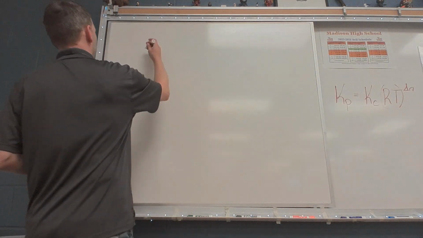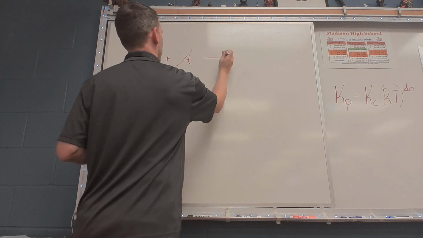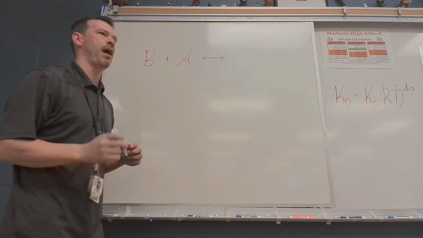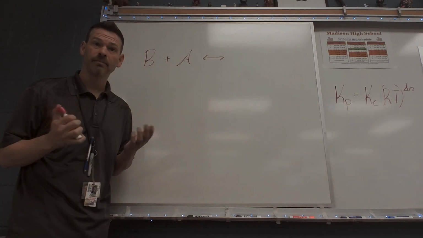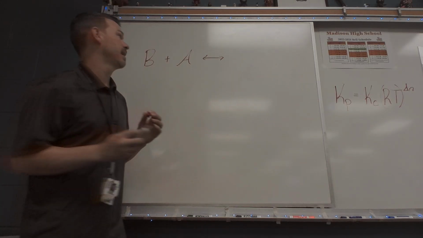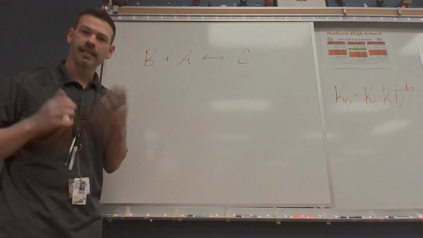What are the reactants? I agree. It is B and A. Equilibrium arrow. Any questions on that? They're both decreasing. Which means it must be C that is the product because it's increasing.